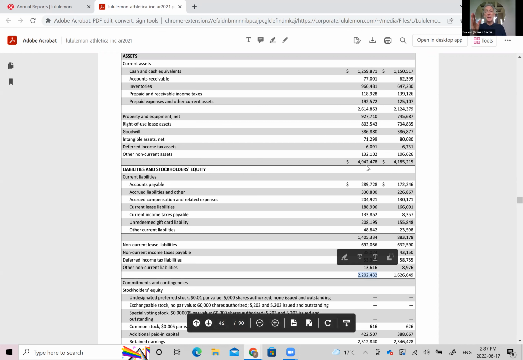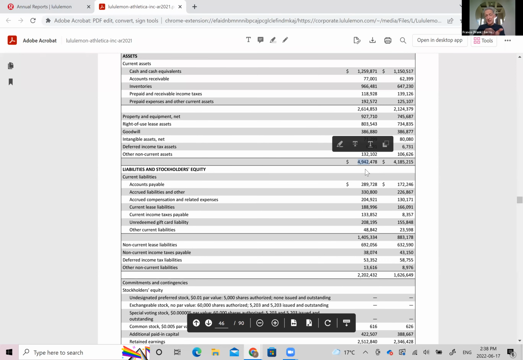Well, how does that compare to total assets? Because it's the debt to asset ratio. Well, total assets here is 4.9 billion. So I take 2.2 billion and divide it by 4.9 billion.